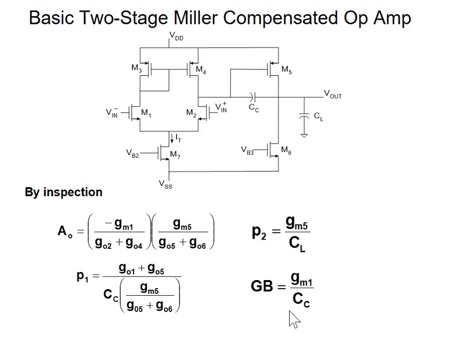Can you have situations where a phase margin looks good and the system is unstable? Yes. Can you have a situation where the poles are in a good location and the system is unstable? No. If the poles are in the right location, the system's always going to be stable, and it's not going to have ringing or anything else going on.